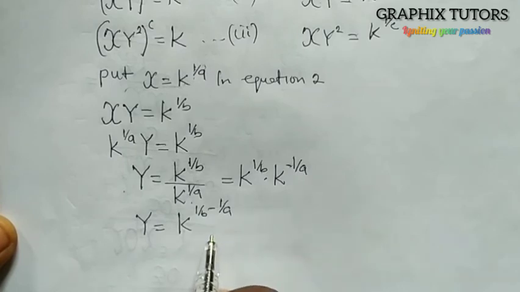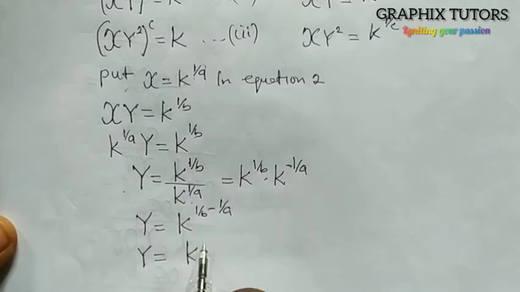So we have k, the LCM is ab, right? So we're having a minus b, because a times 1 is a, b times 1 is b. So this is my y.